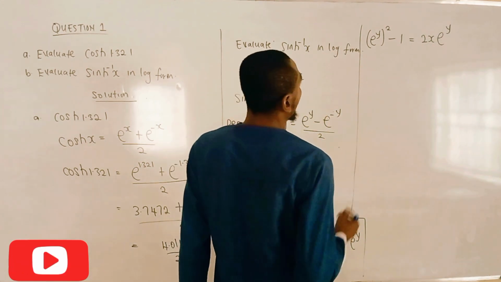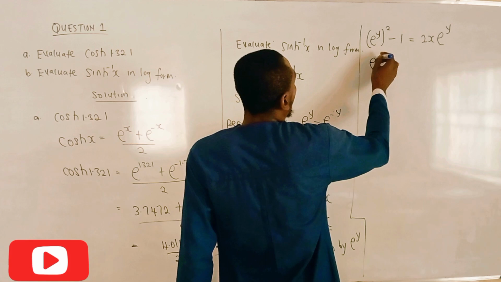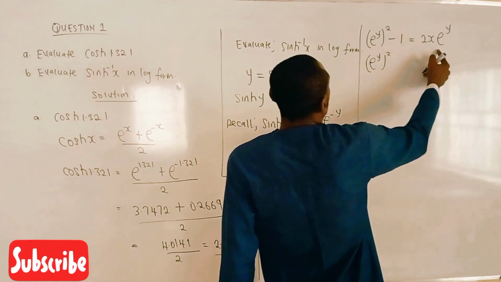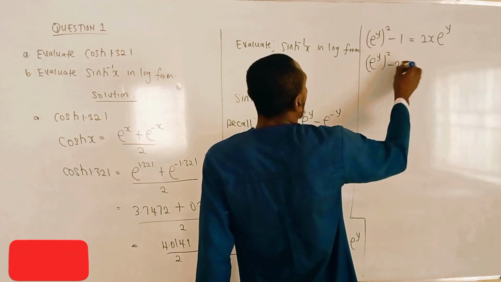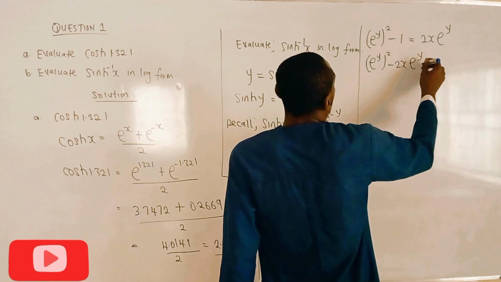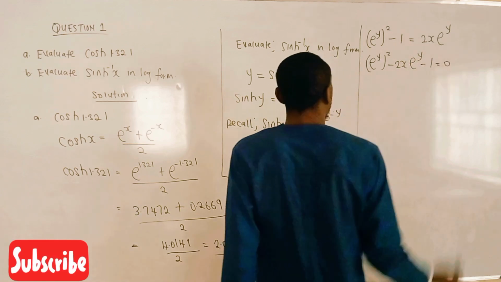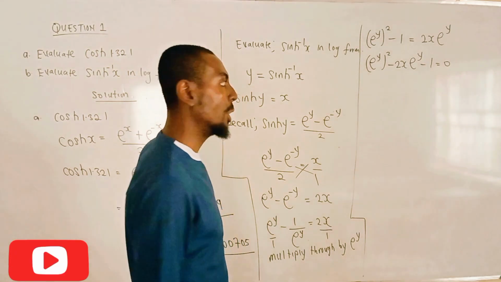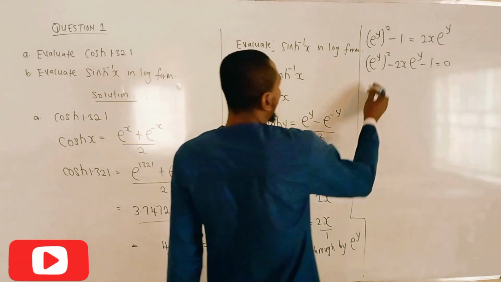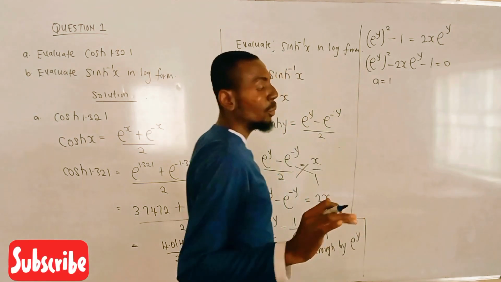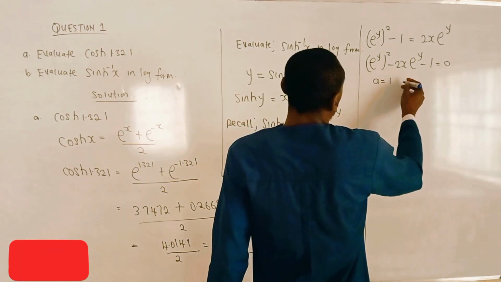When you rearrange this equation, we have exponential y all squared, minus 2x exponential y, minus 1 equal to 0. This looks like a quadratic equation, where a is equal to 1 and exponential y is the variable, the unknown.